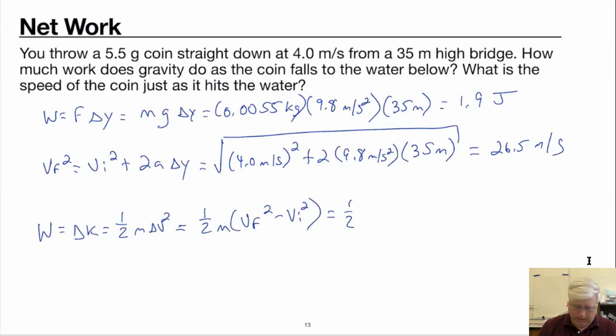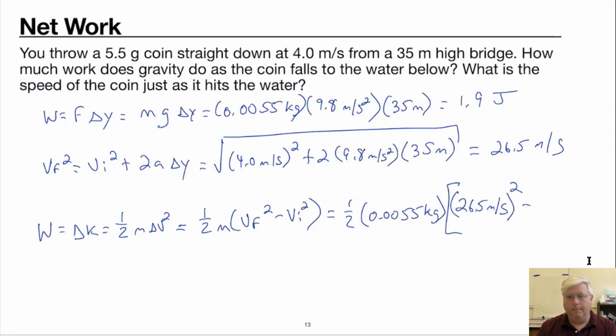Again, that mass would be 0.0055 kilograms, final velocity 26.5 meters per second, I'll square that, minus the 4 meters per second initial velocity squared. And if you do that out, you'll also get 1.9 joules.